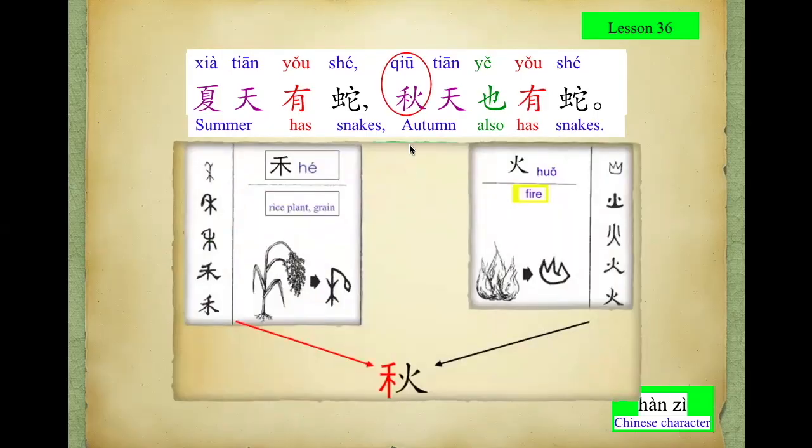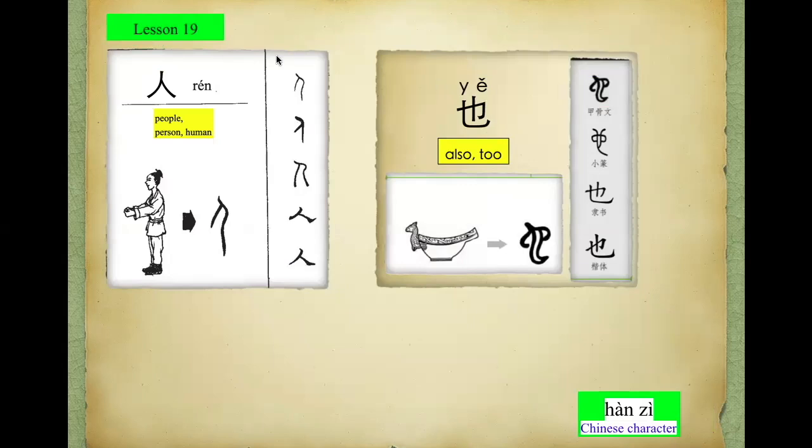As we mentioned earlier, 汉字禾 and 火 can be combined to form a 新汉字秋. Now let's check out some examples of how 汉字也 combines with other 汉字 to make 新汉字. In lesson 19, we've learned 汉字人, which means people, person, human.